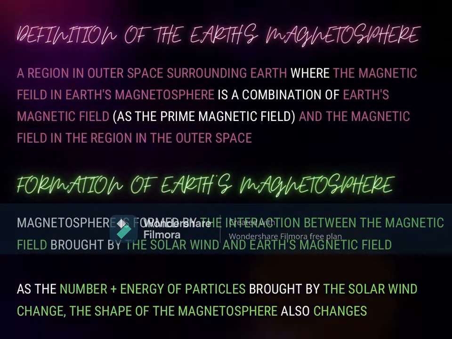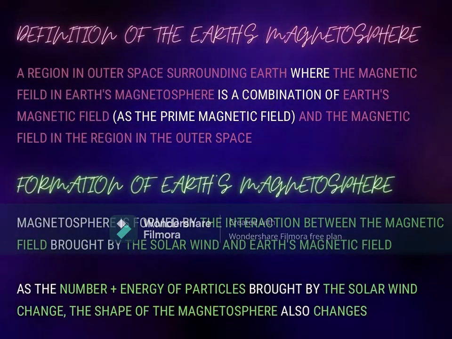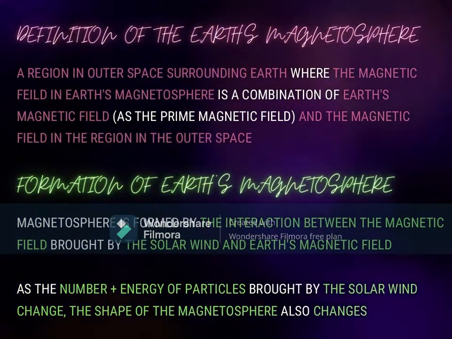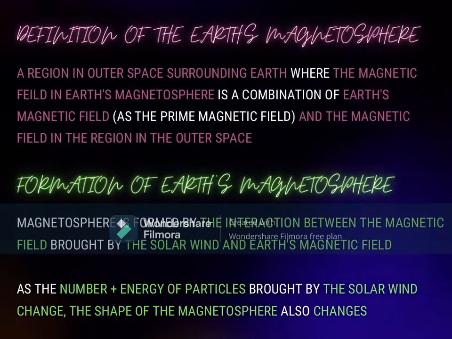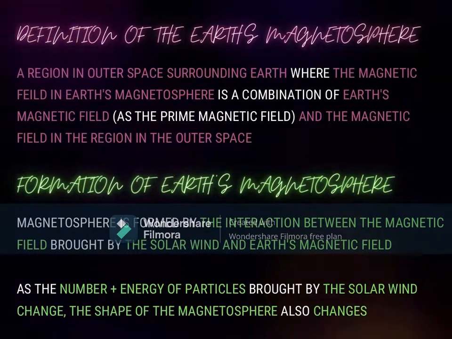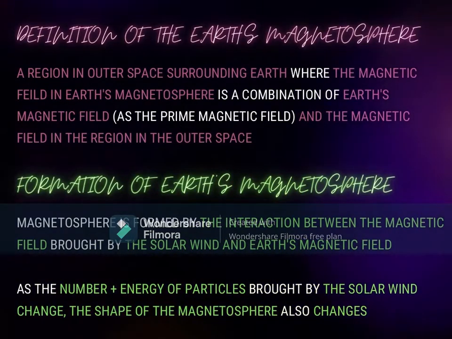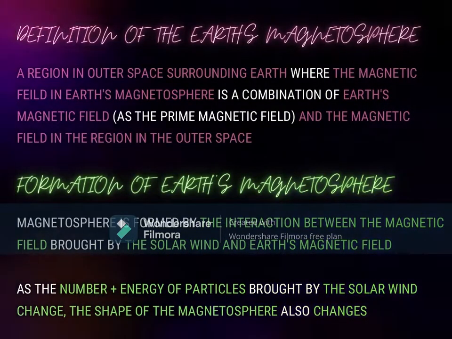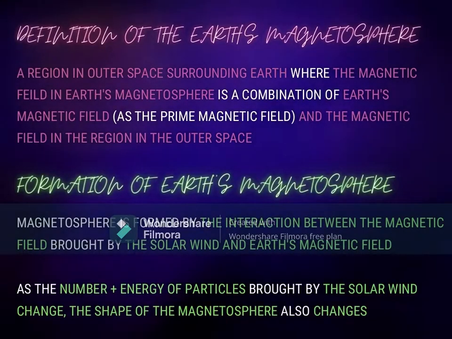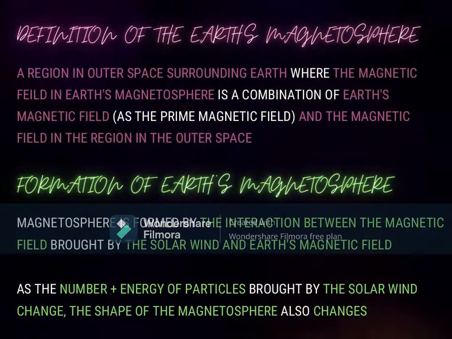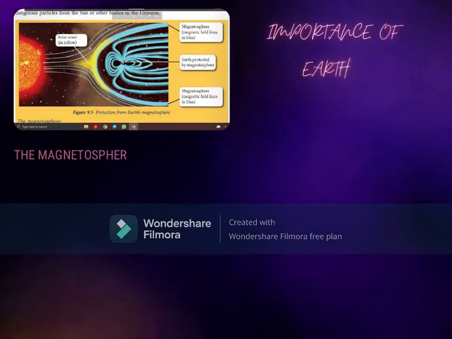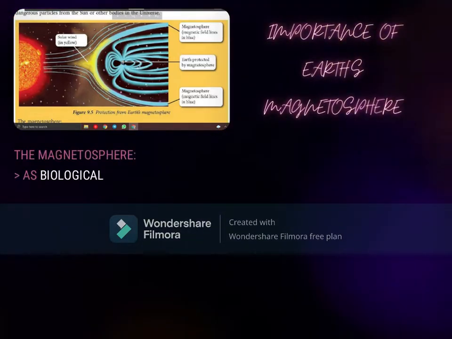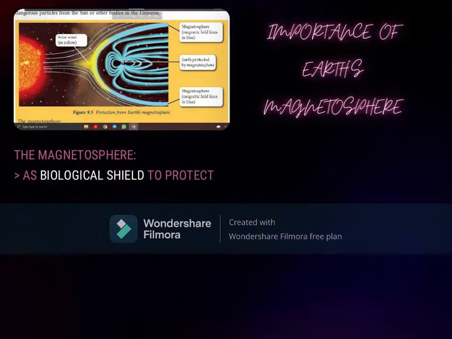Basically, the size of the magnetosphere is based on the number of particles in the solar wind. If the solar wind brings more particles, the shape of the magnetosphere will become bigger. This magnetosphere can protect Earth from the adverse effects of harmful particles in solar wind.